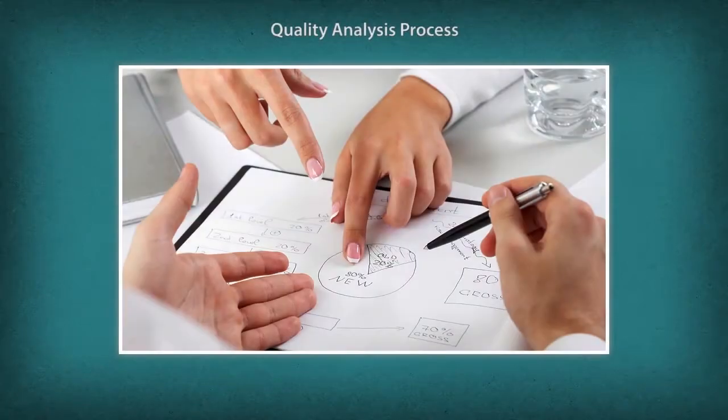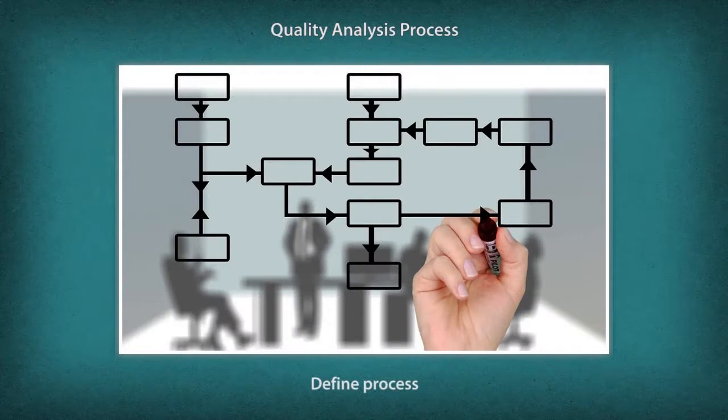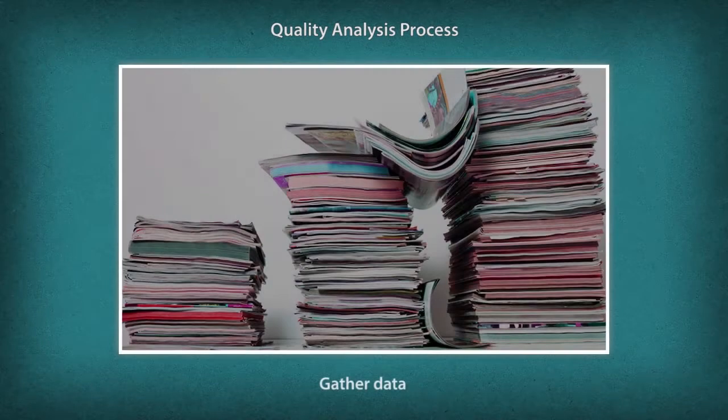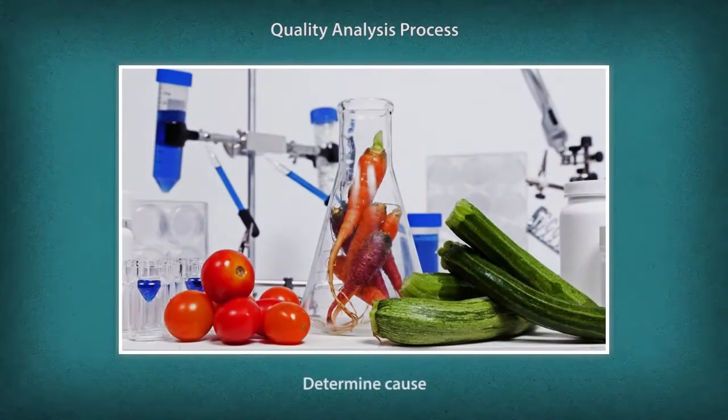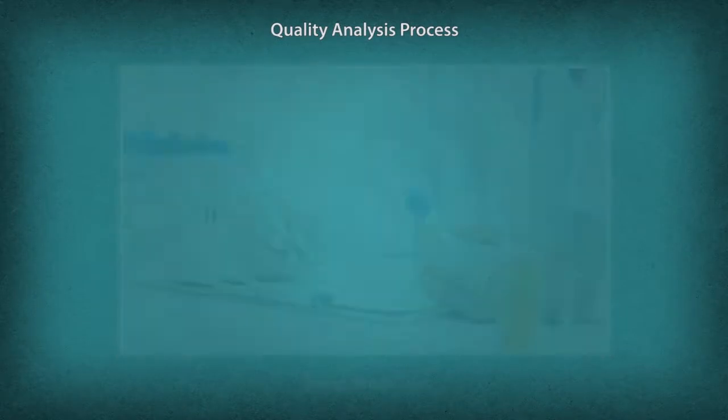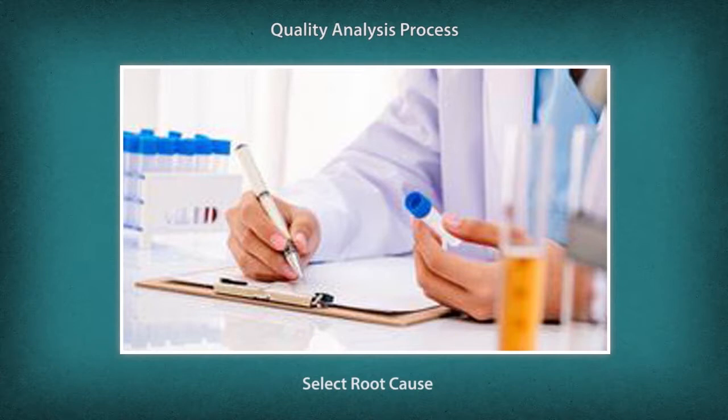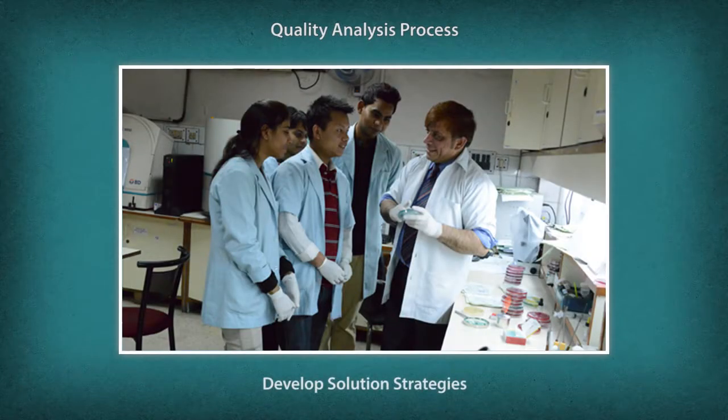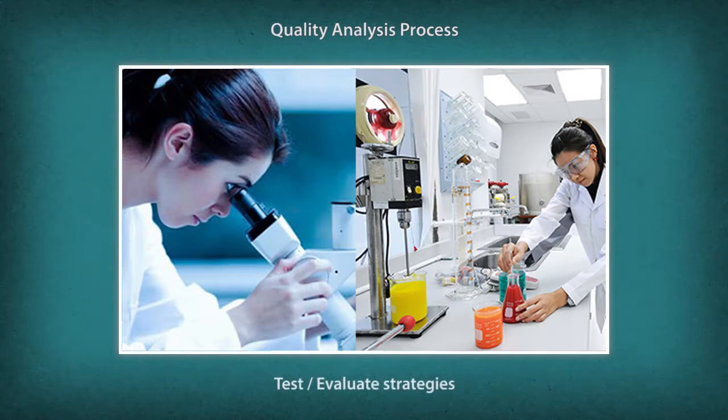The following is a stepwise procedure of completing this process. Define the process. Gather data to describe problems. Determine possible cause. Select the root cause. Develop solution strategies. Test and evaluate strategies.